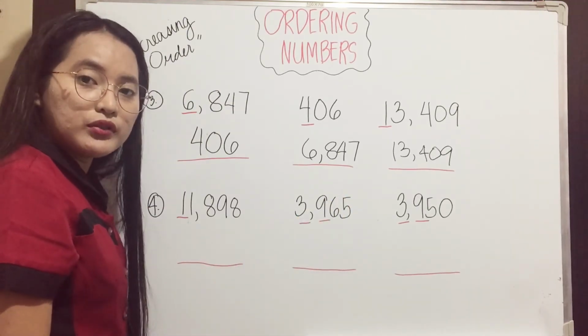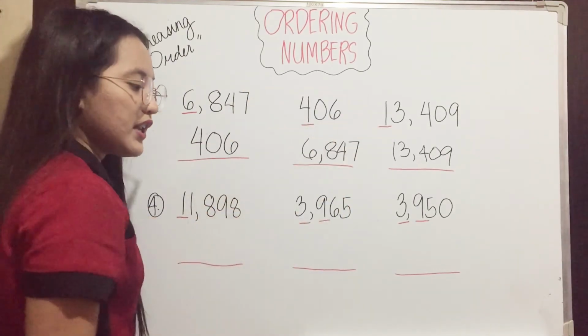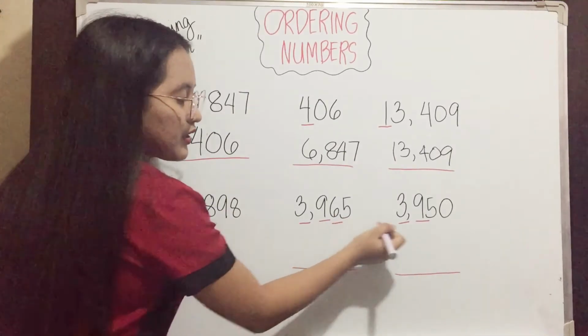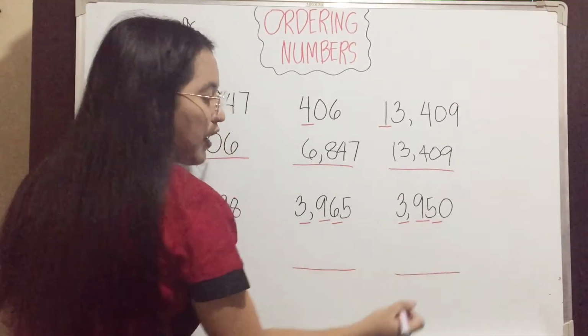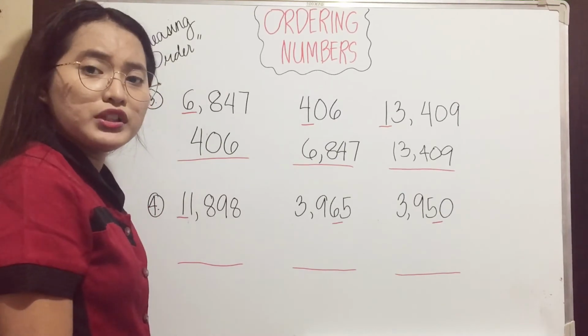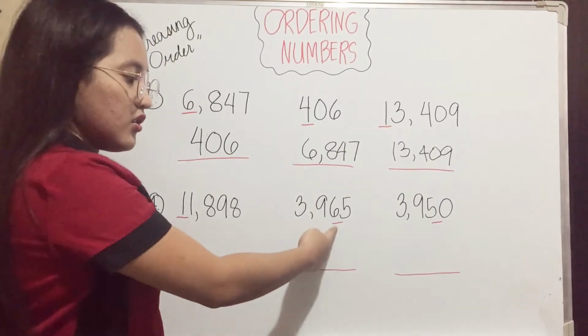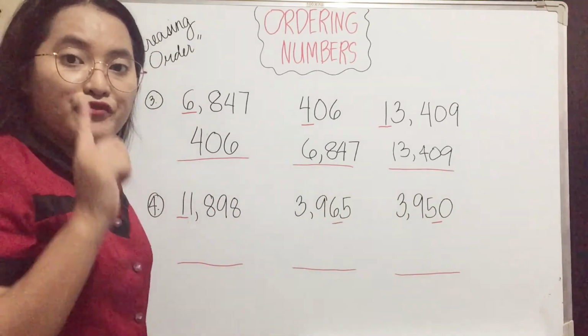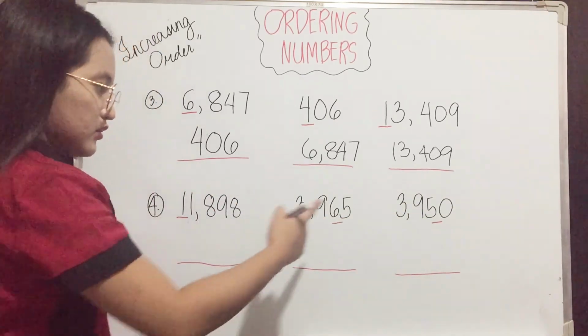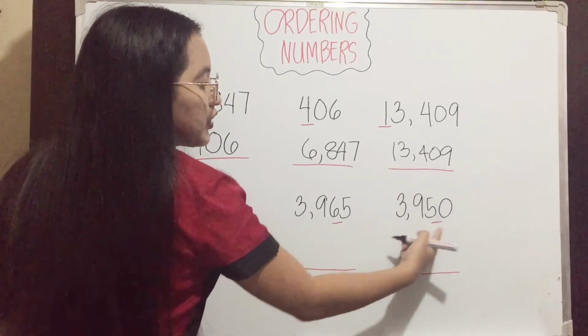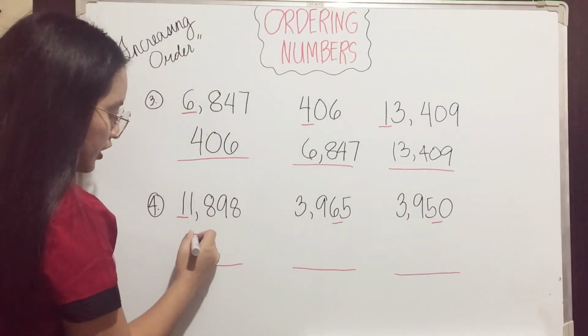So what are we going to do? Move to the next number. The next number is 6 and 5. Now, which among the two numbers has the lowest value? Is it the 6 or the 5? Very good. It's the 5. So this number will be our first answer.